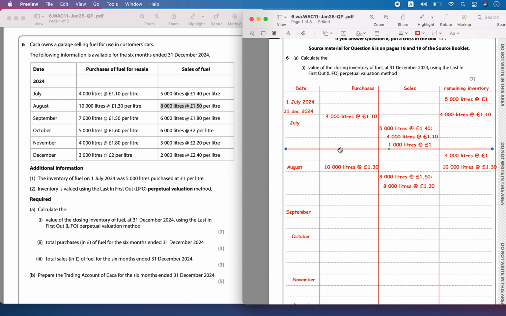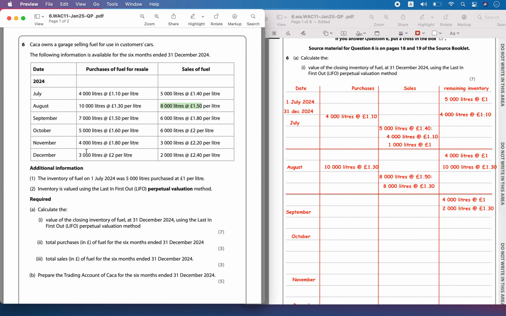Now after issuing, the remaining inventory is 4,000 at £1, and 2,000 liters at 1.30.